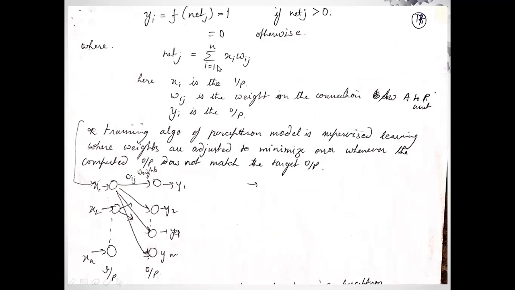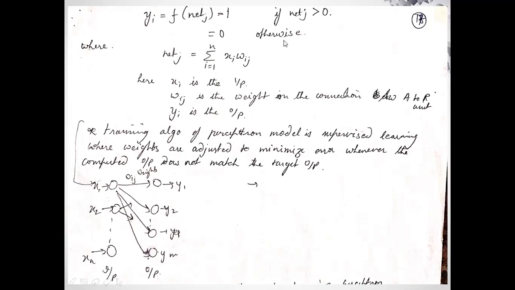That means for all the inputs from i to n, xi is the input and wij is the weight linked to it. The summation is net j. So yj will be equal to 1 if net j is greater than 0. That means whenever the net weighted sum is greater than 0, we get the output as 1.